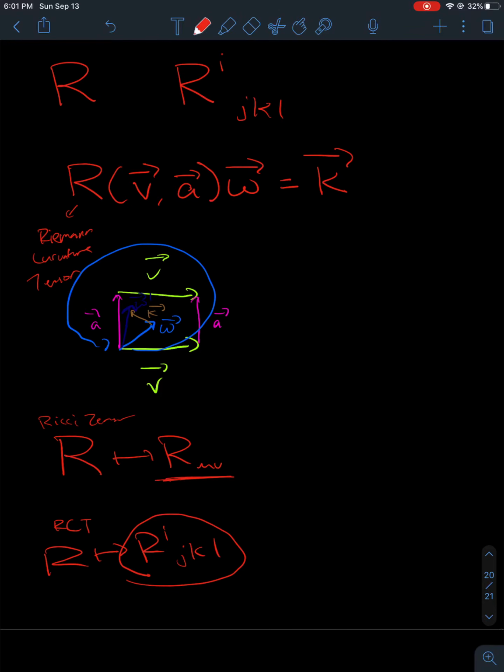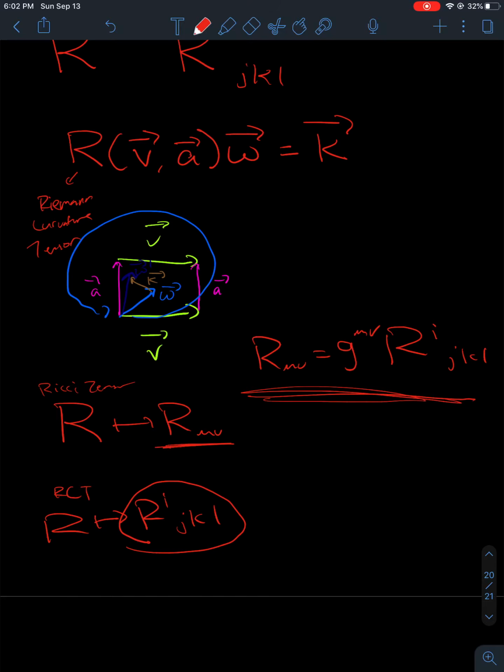Now, what's a contraction? Well, we contract the tensor by multiplying it by something called the metric tensor. So we multiply it by the metric tensor to contract it. Now, don't get too tied up in this.